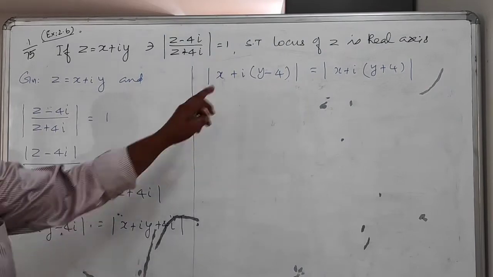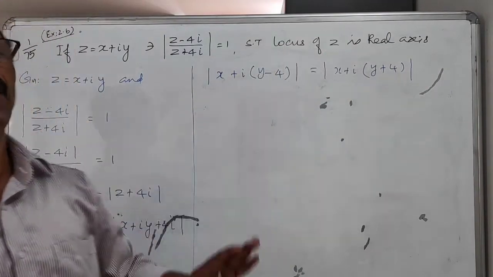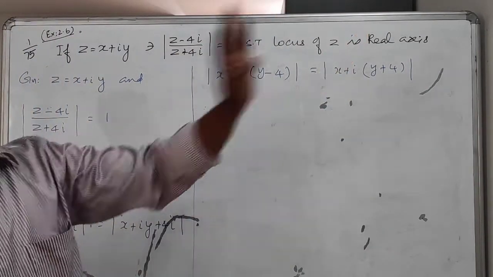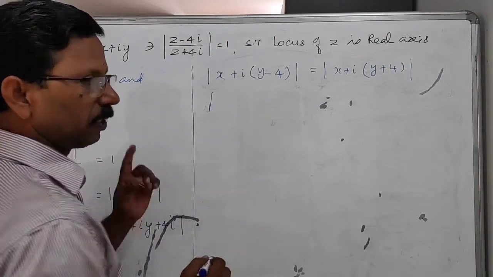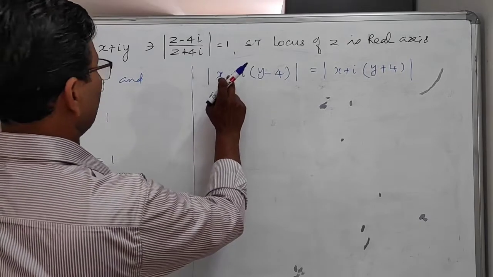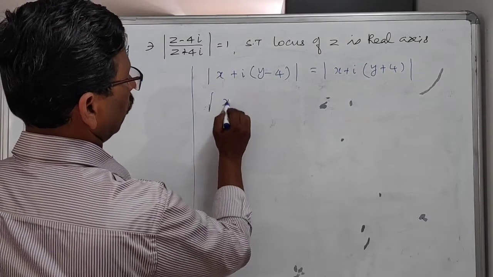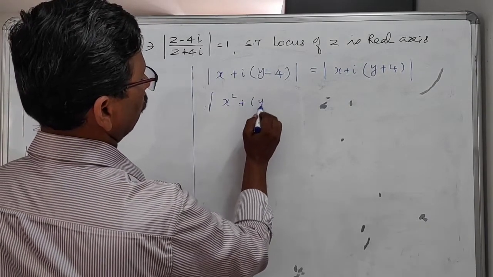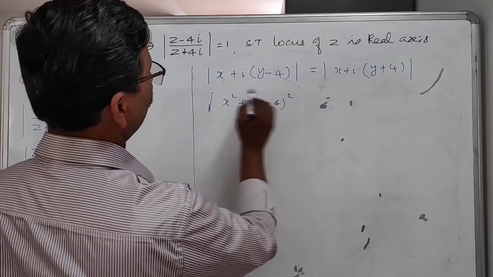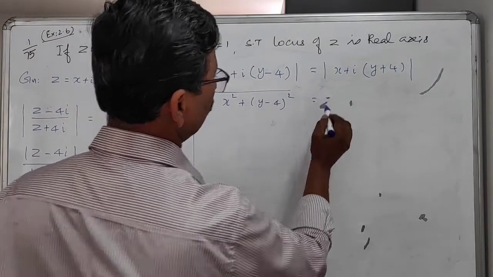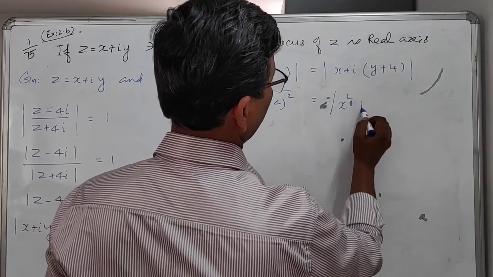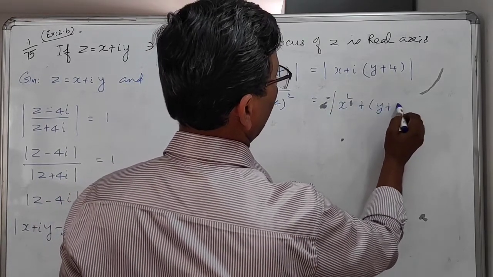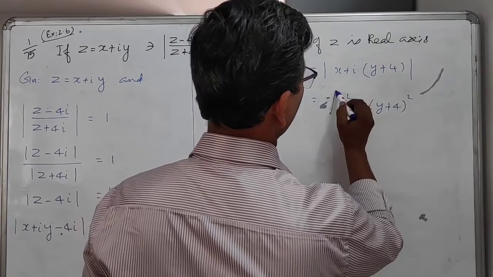Now on both sides we have to find the modulus. What is the modulus of this complex number? Root of real part square plus imaginary part square. So you can write root of x square plus y minus 4 the whole square, which is equal to the modulus, root of x square plus y plus 4 the whole square.